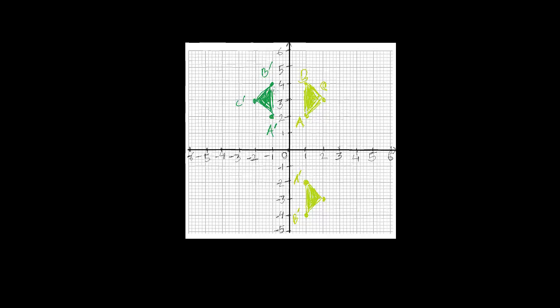Okay, now if I were to draw a line through the origin, that line would be called the line y equals x. This would be the mirror. Let me call this the mirror. Now if the line y equals x is the mirror, then the image would be at an equal distance from here.